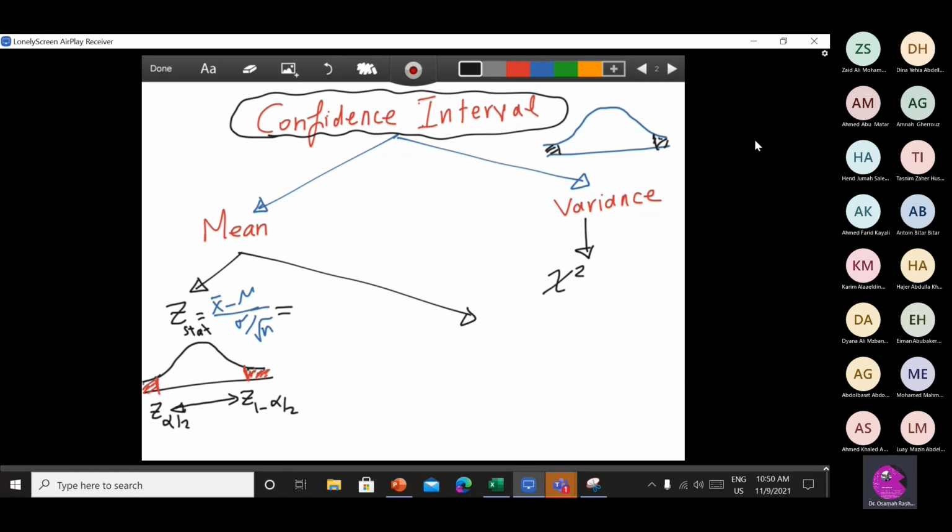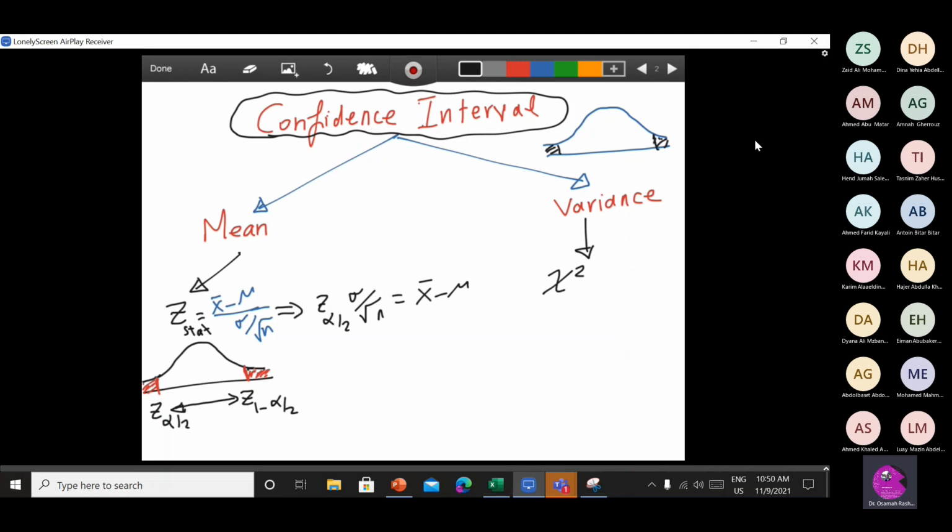This implies Z alpha over 2 times sigma over root n equals X bar minus mu.